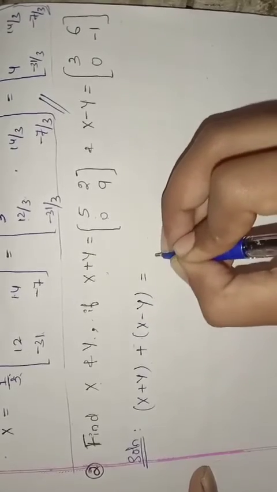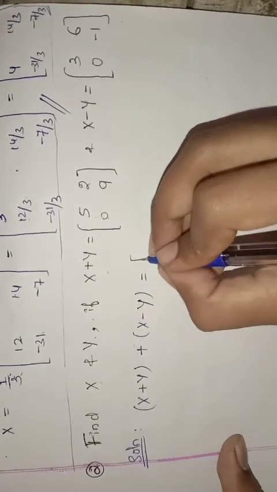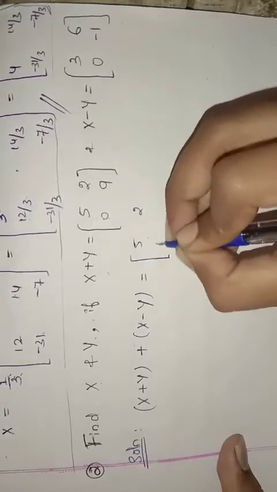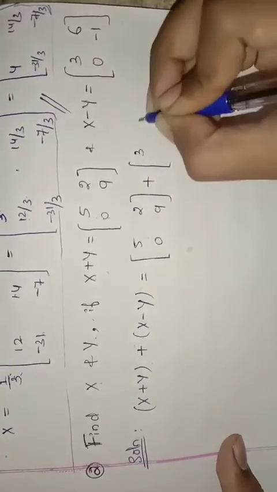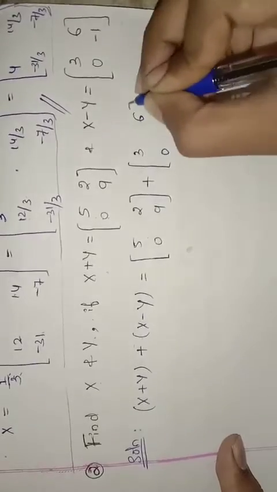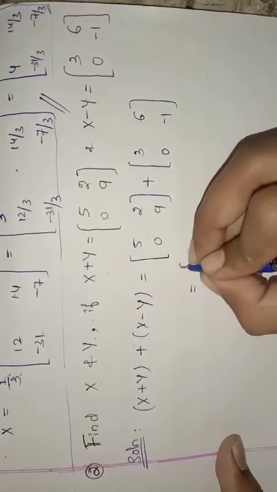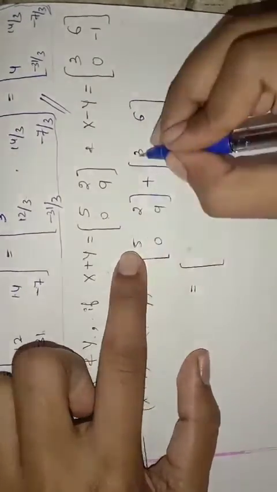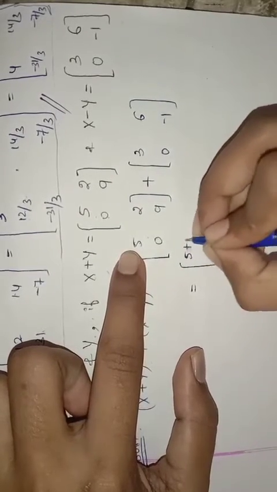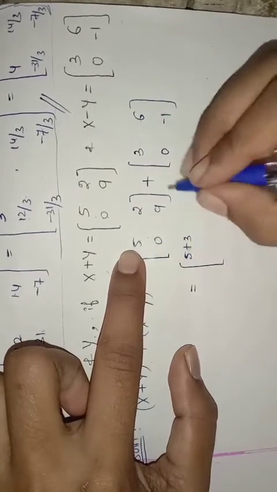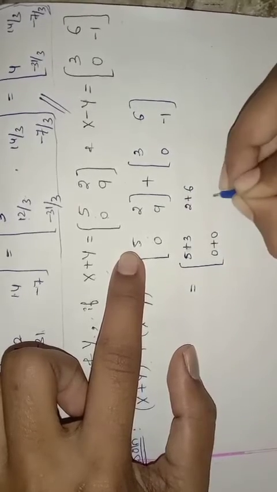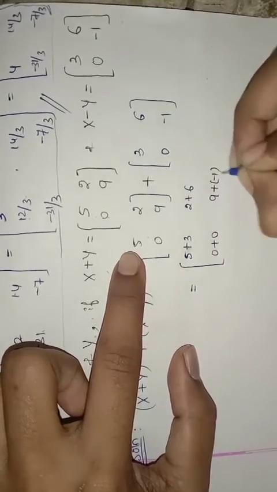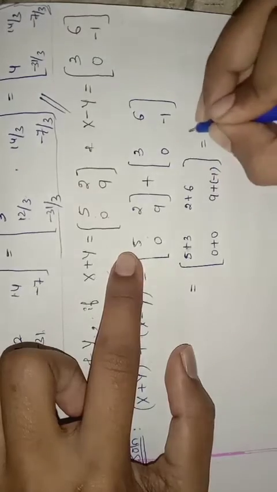So when we add the two matrices, what do I get? That is 5 2 0 9 plus 3 6 0 minus 1. So if you add these two matrices, 5 plus 3. Okay, if you feel confused, I'll write here: 5 plus 3, 2 plus 6, 0 plus 0, 9 plus of minus 1, that is 9 minus 1.